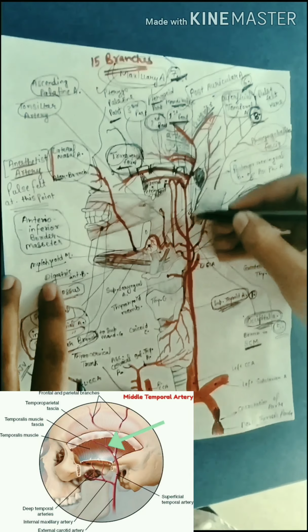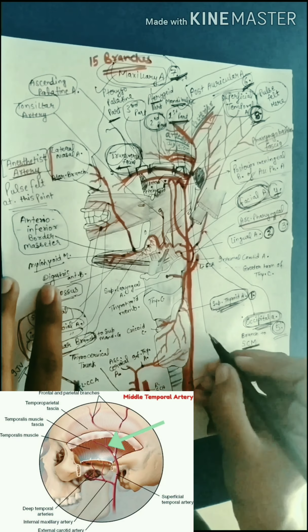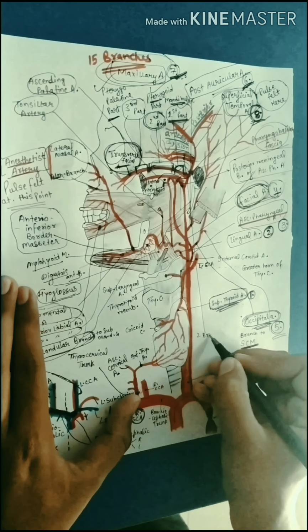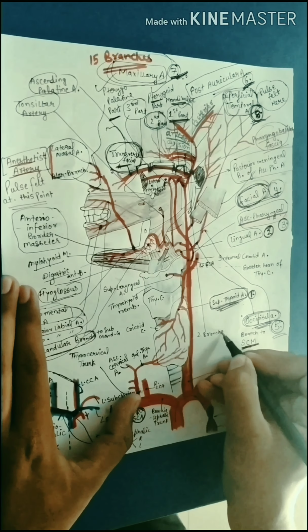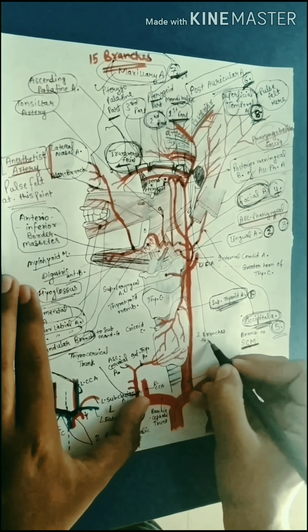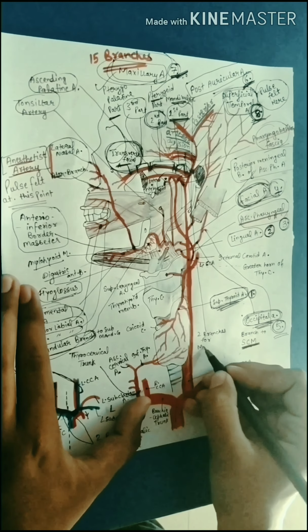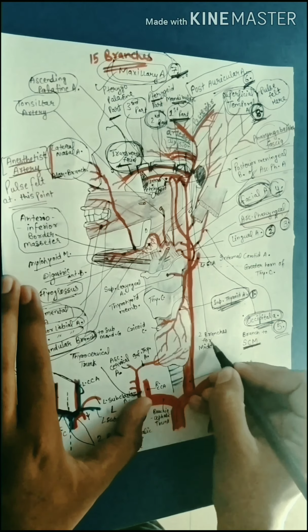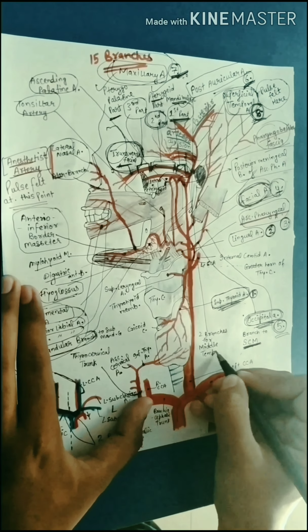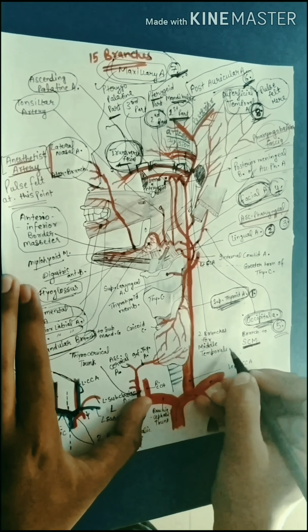The anterior and posterior temporal arteries are branches of the deep temporal artery, which is a branch of the second part, the pterygoid part, of the maxillary artery. I will not talk about the maxillary artery right now, I will take another lecture for that. These are the two branches which are heading towards the middle temporal region, right?